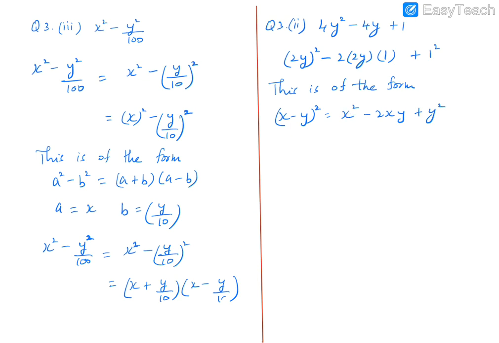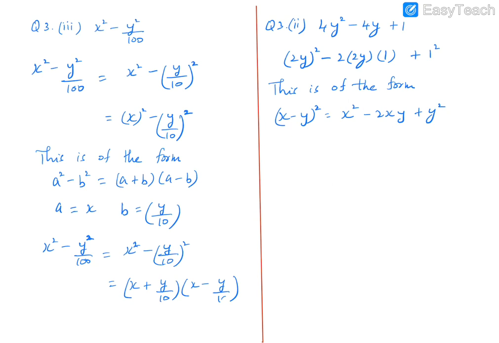So in place of x we have 2y, and in place of this y we have the 1. So wherever there is an x we have a 2y, and wherever there is a y we have a 1.